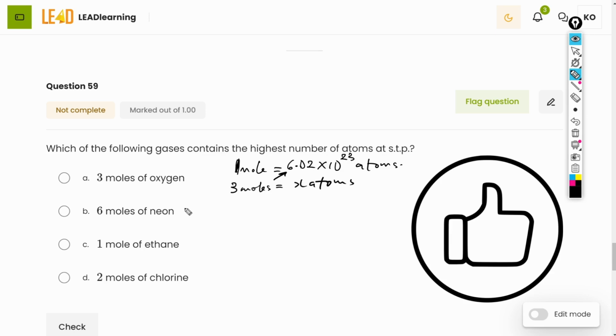Now based on this, it clearly shows us here that the gas with the highest number of moles will contain more atoms. So 6 moles of neon, which is the highest number here, times 6.02 times 10 raised to power 23 will contain the highest number of atoms at STP. So that leaves us with option B as our answer.